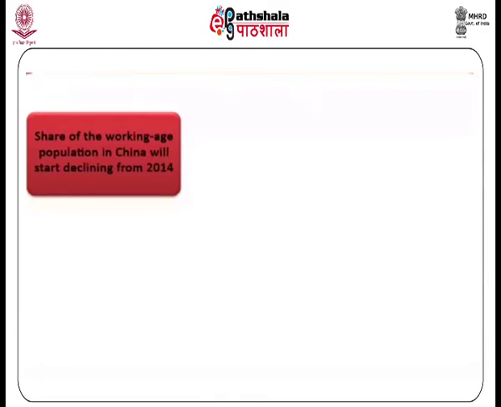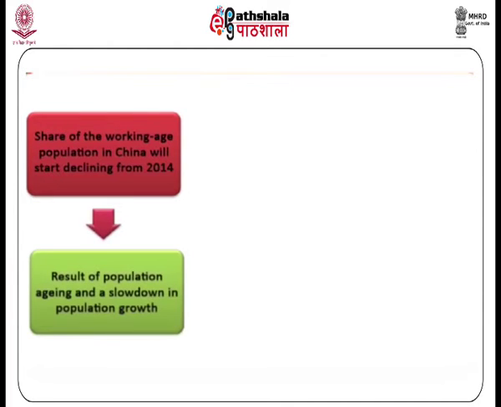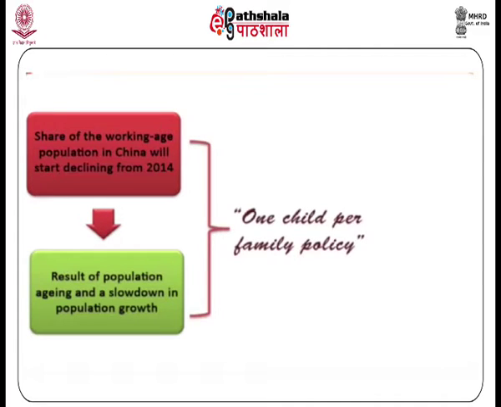The share of the working age population in China will start declining from 2014 as a result of population aging and a slowdown in population growth, mainly due to the country's one child per family policy, introduced since 1979 to curb a population explosion.